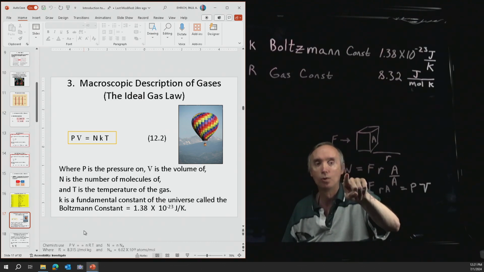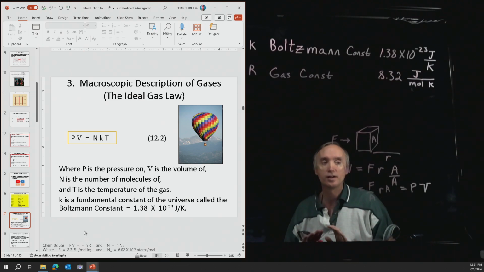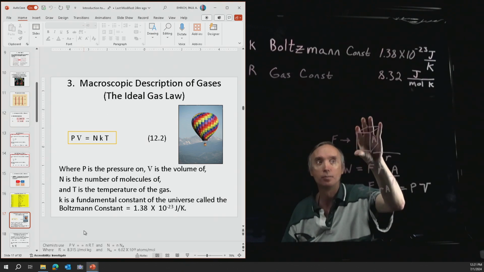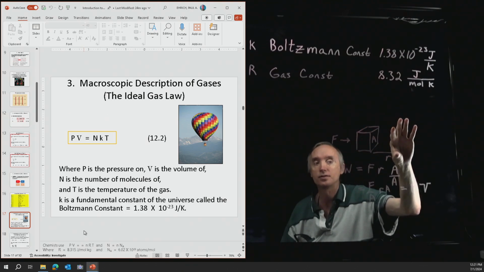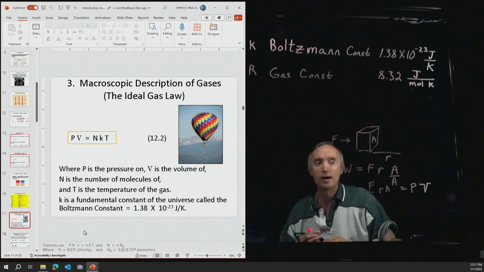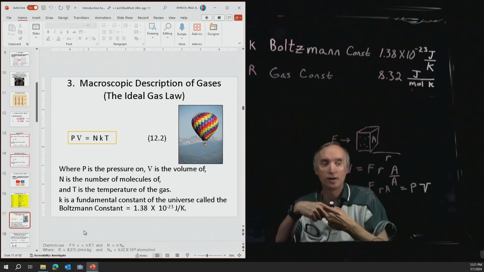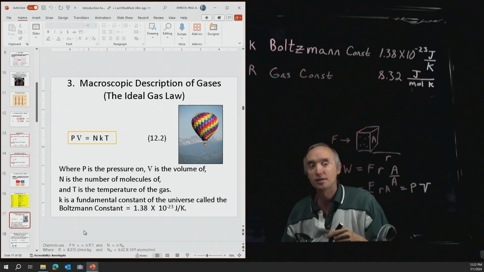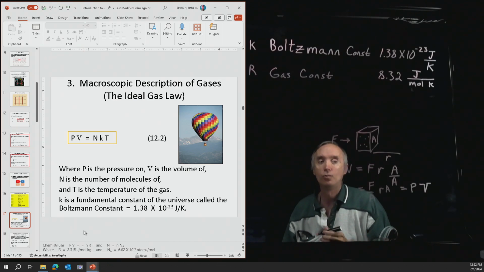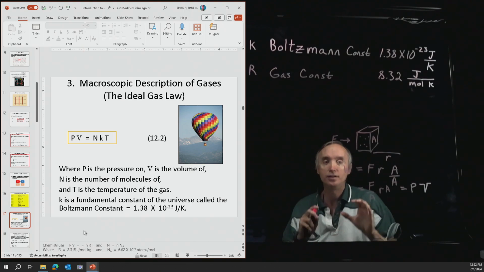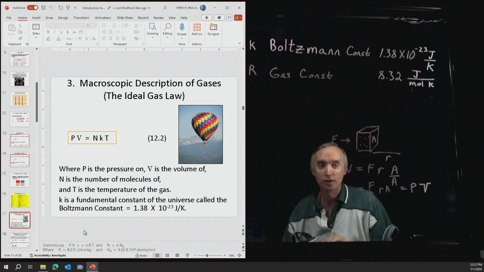This was work, which is when you transfer energy into a system in an organized manner. Every atom of this block is moving the same distance r, so that's organized. But what about a gas, which is composed of all of these gas molecules moving in all sorts of different directions? That's not organized, that's disorganized. So what was the manner in which we could move energy into a system in a disorganized manner?